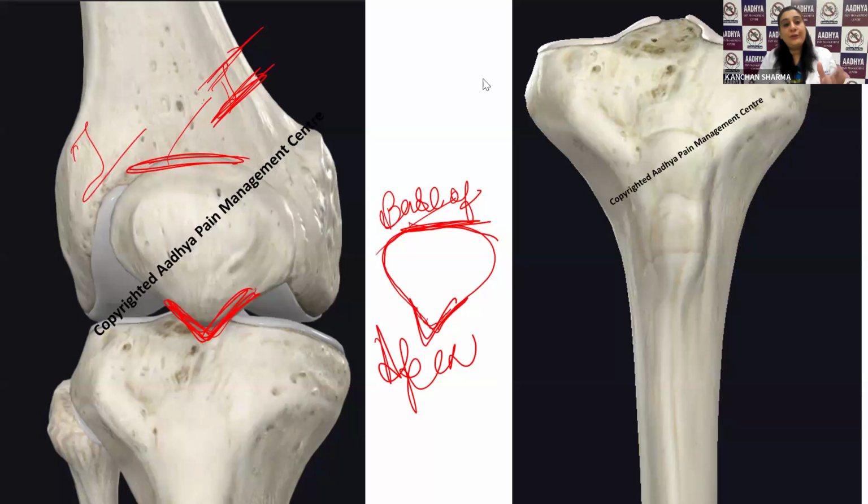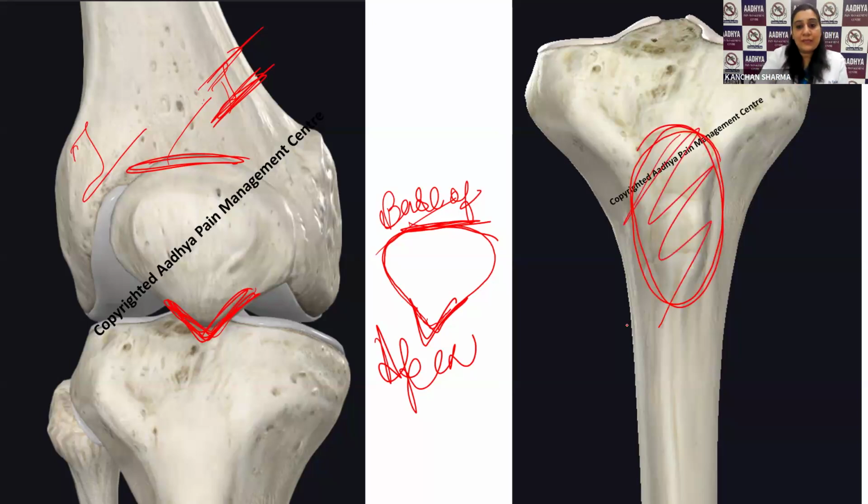Fine. Now, when you go to the tibia, what you need to remember here is this bumpy thing which is present on the anterior aspect of the tibia. The name of this bumpy thing is tibial tuberosity. So what is the take-home message from this slide? That base is the insertion for the quadriceps tendon, though some fibers do run over it and get intermingled with the patellar tendon fibers.